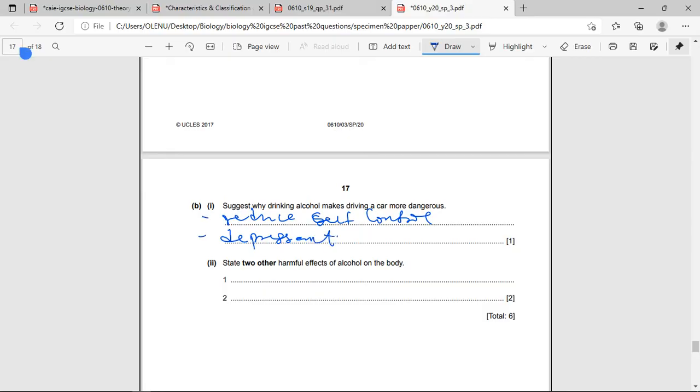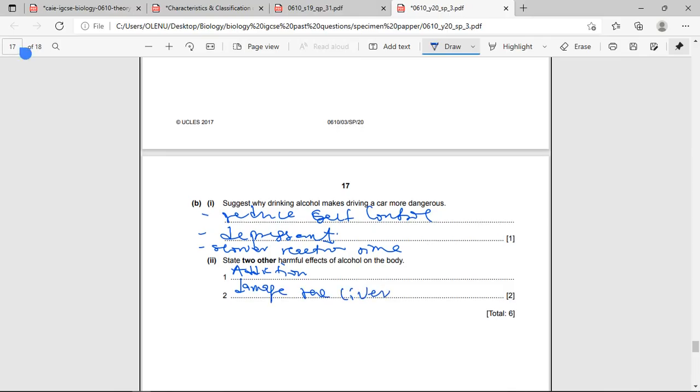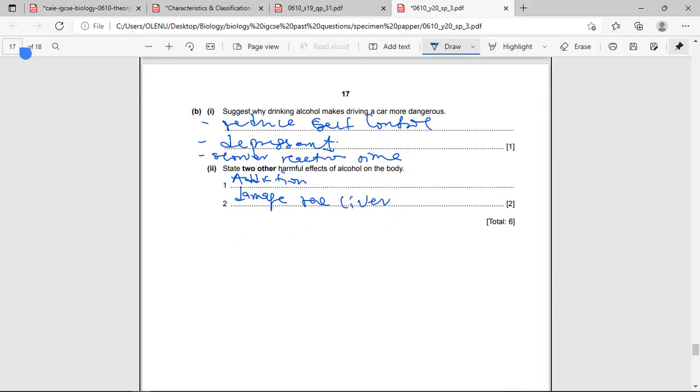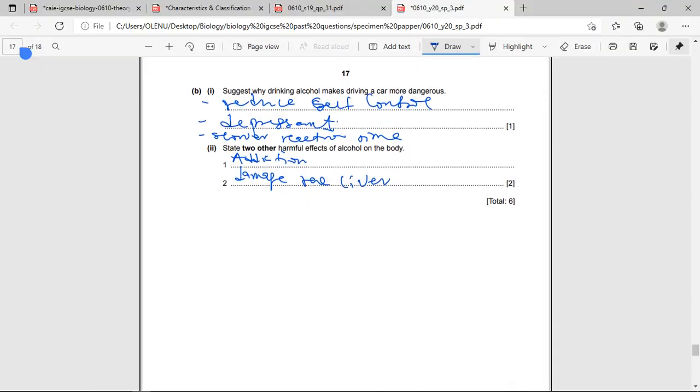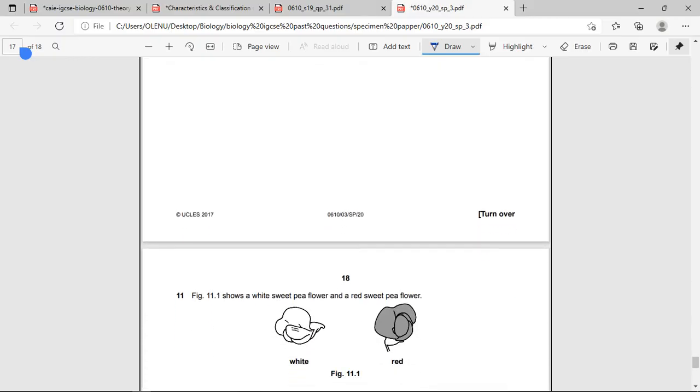It reduces reaction time, so it makes you slower to react. State two other harmful effects of alcohol on the body. It leads to addiction. It also damages the liver. Also reduces self-control. So the two answers are similar.